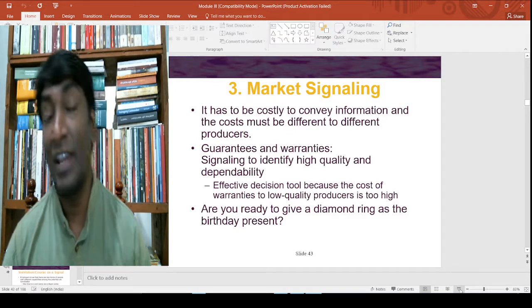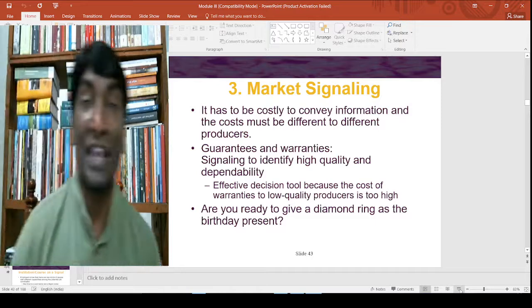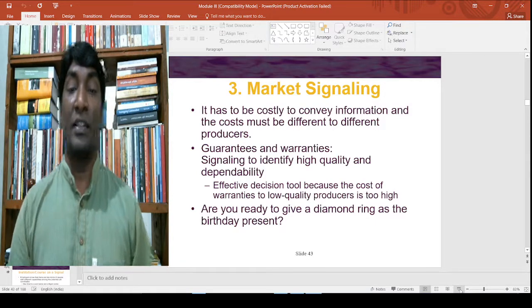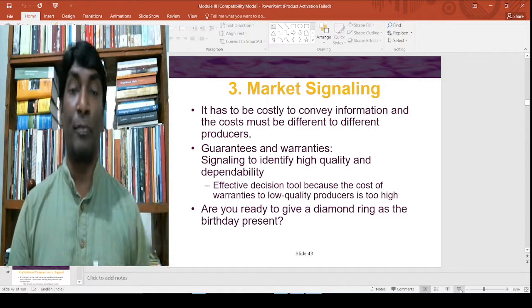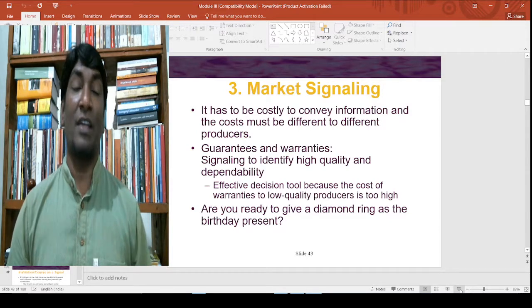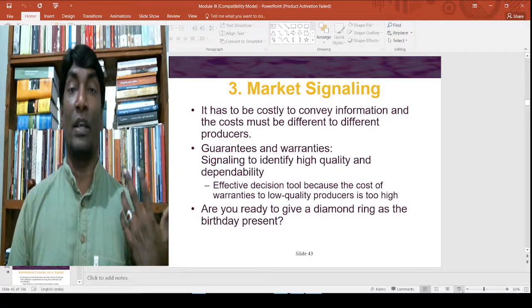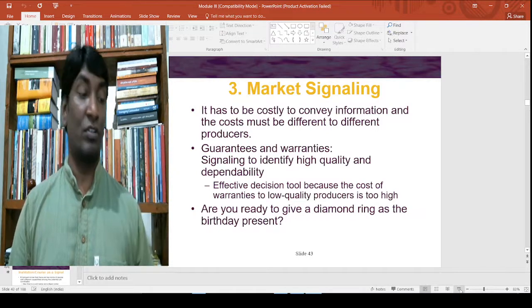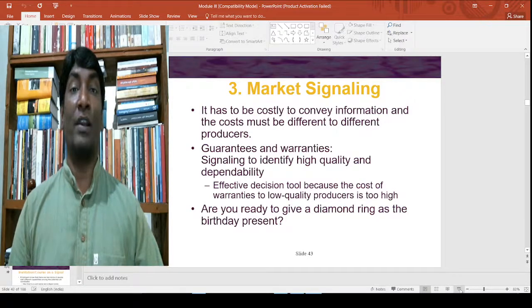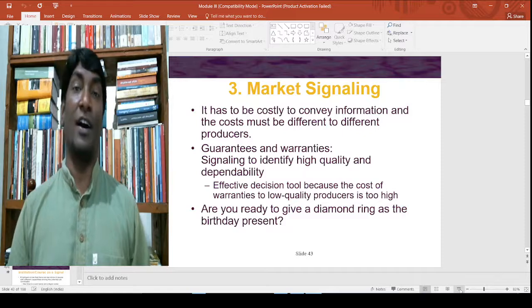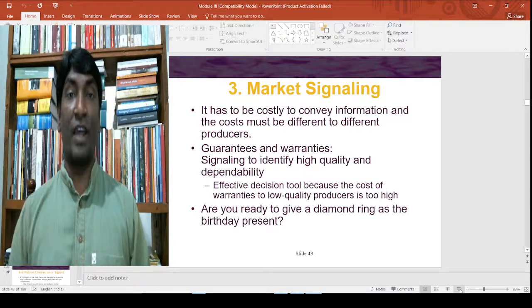This is why advertisements play a very good role. It has to be costly to convey information, and the cost must be different for different producers. For example, guarantee and warranty. Earlier, people used to give a guarantee that this commodity has no failure. For example, the earlier German fans, these motor fans.